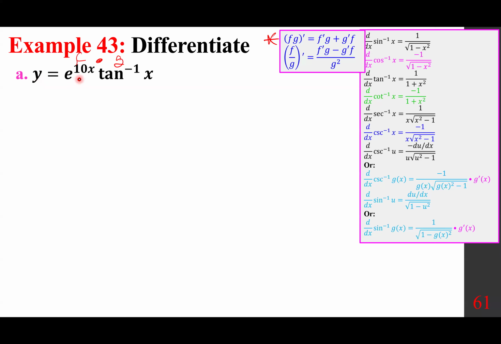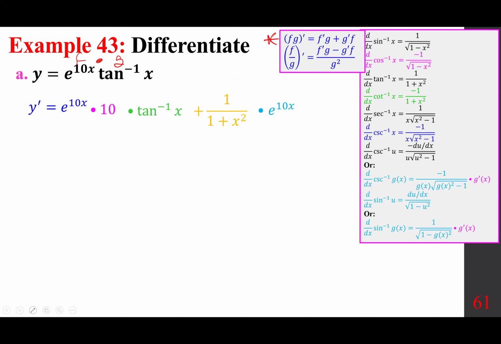So we're going to write y prime is e to the power of 10x itself times the 10. This is the derivative of the first piece. So this entire thing is f prime times g, tan inverse of x. Plus, now the derivative of tan inverse of x, we know it's 1 over 1 plus x squared. So that means you're using this one. 1 over 1 plus x squared and times e to the power of 10x. This is g prime f.